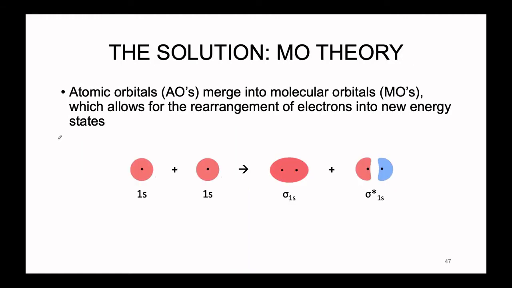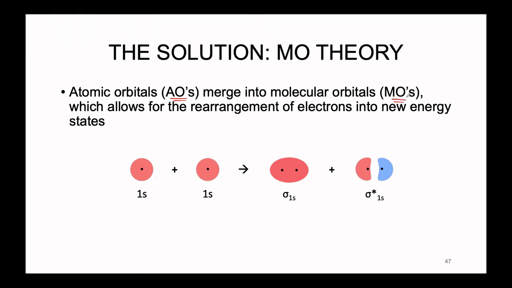So what is molecular orbital theory, and how does it differ from valence bond theory? Well, let's start by answering that first question. According to molecular orbital theory, atomic orbitals, or AOs, merge into molecular orbitals, or MOs.